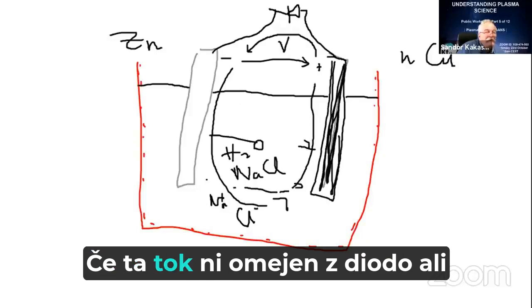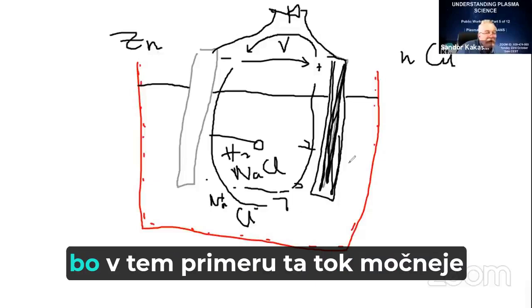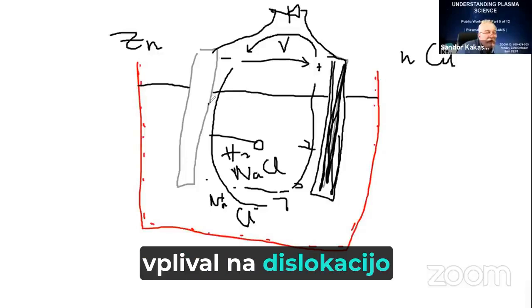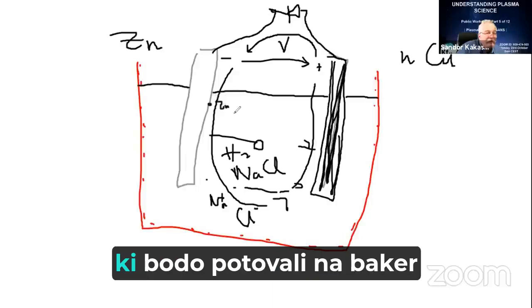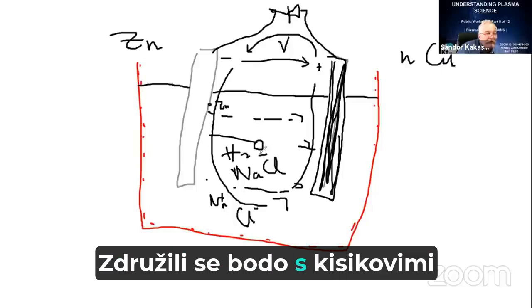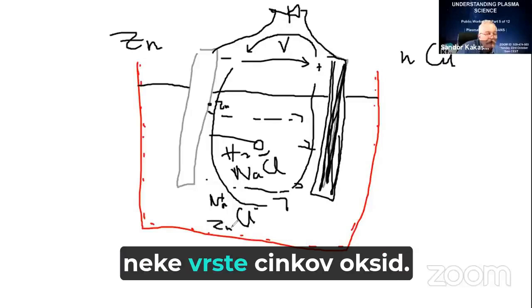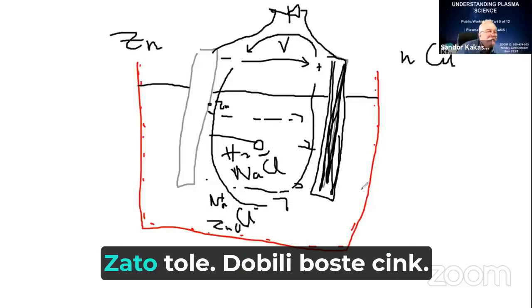If this current is not limited by the LED or other load which is in the circuit, in that case this current will have a stronger effect to dislocate such particles of zinc, which will tend to travel to the copper, and on their way they will combine with the oxygen ions from the water, and it will create some kind of zinc oxide. So this is why you get zinc oxide.